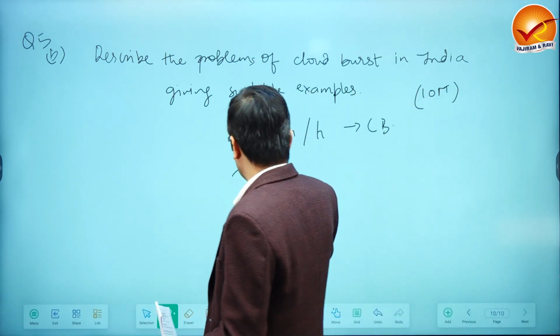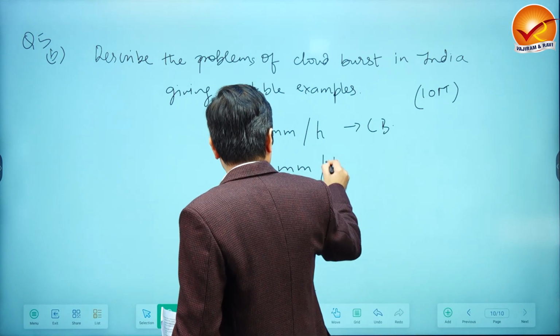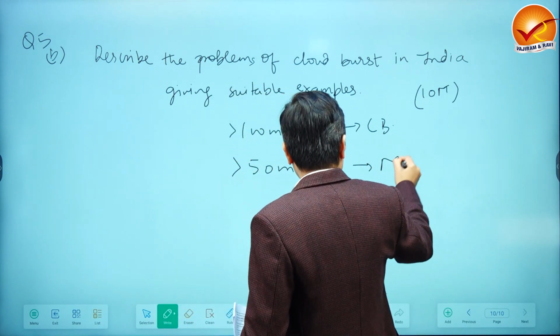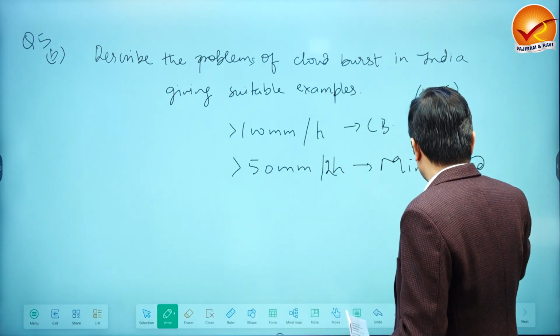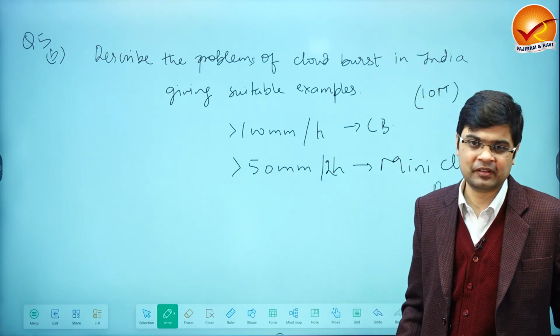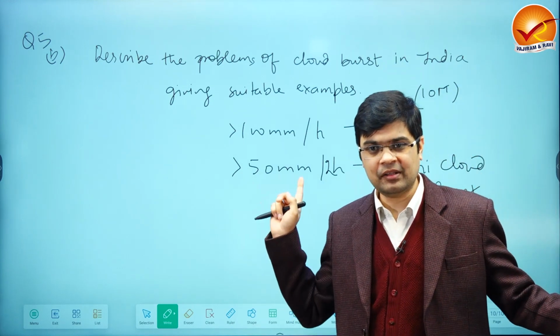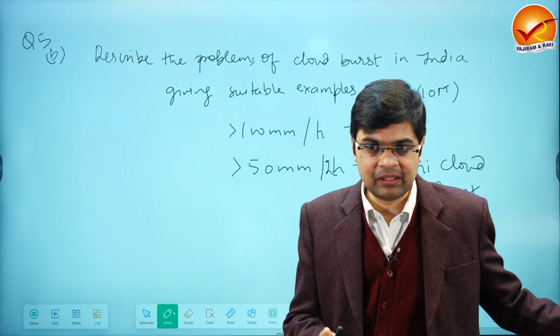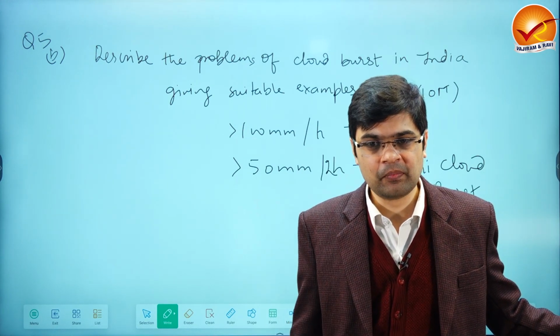If there is more than 50 mm of rainfall in 2 hours, then it is a mini cloud burst. And this is also a question directly from the current affairs. This year in number of newspapers we had this cloud burst. Even in the Indian Express we had an explained section for this cloud burst phenomena.